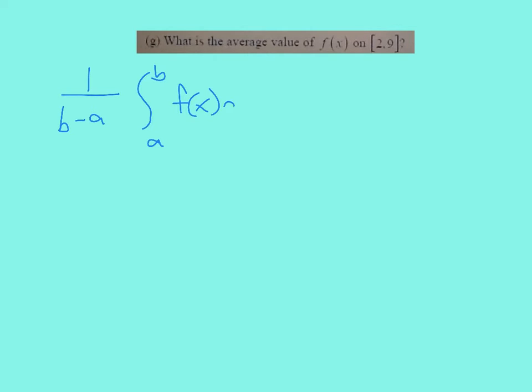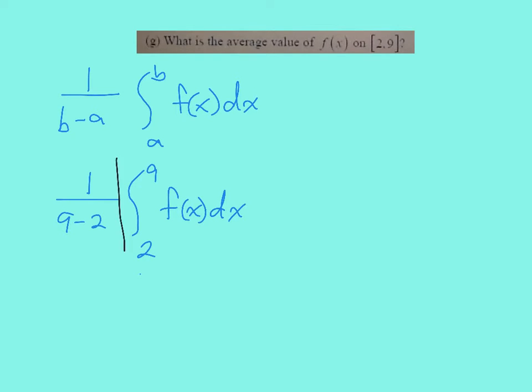That is our formula for the average value of a function. So if we want the average of f of x from 2 to 9, that becomes 1 over 9 minus 2 times the integral from 2 to 9 of f of x dx.